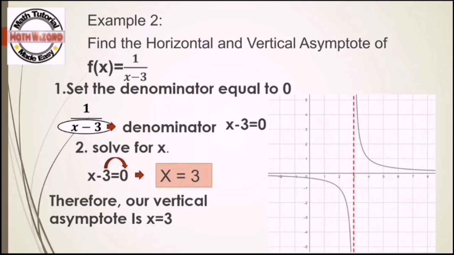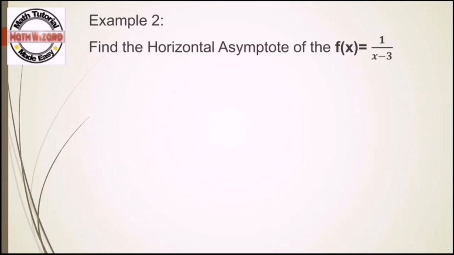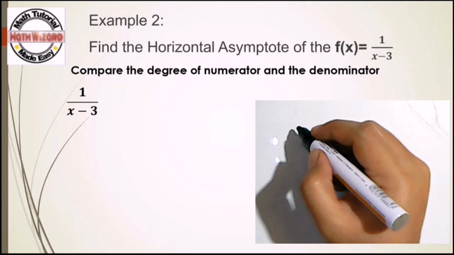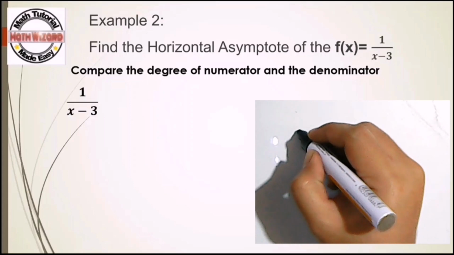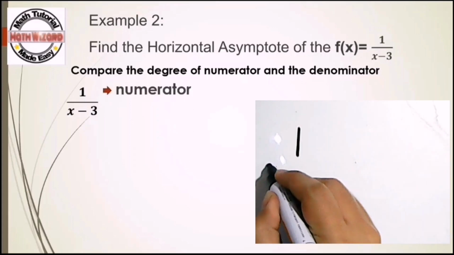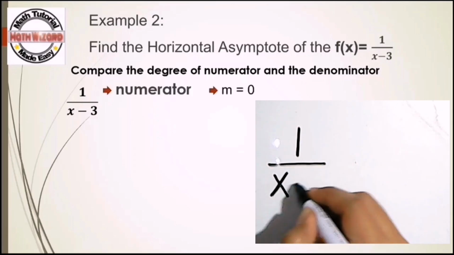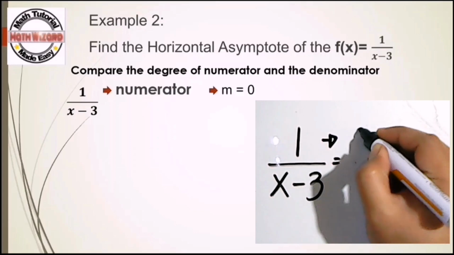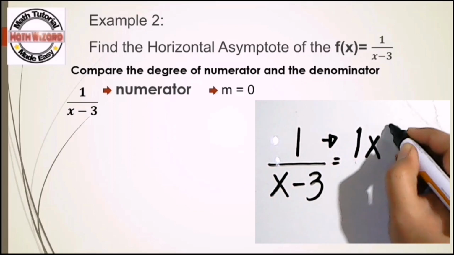Okay, so again, we need to follow procedures. We're going to find the horizontal asymptote of 1 all over x minus 3. So again, we need to compare the degree of the numerator and the denominator. So 1 is our numerator, wherein, just like what I've told you, if it is a constant, the exponent is always 0.